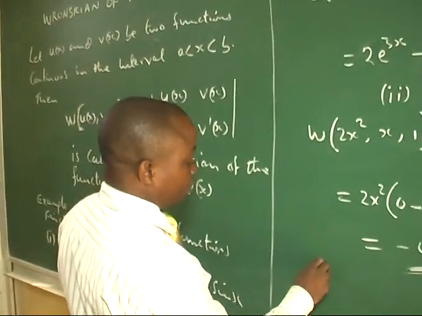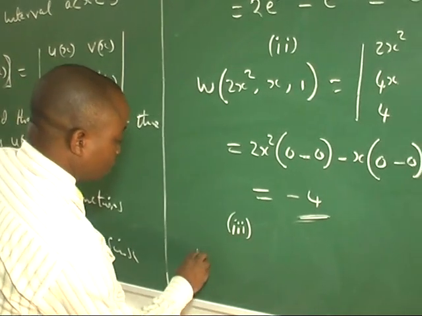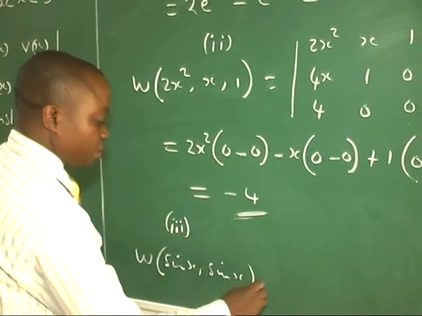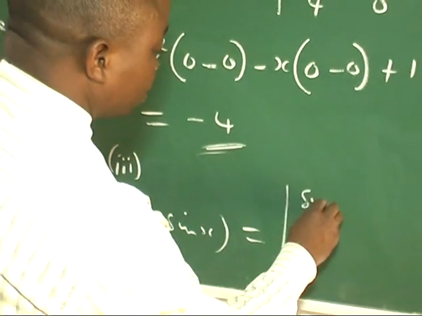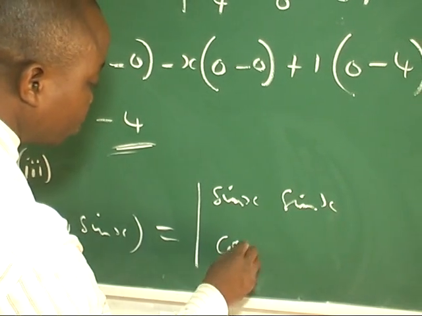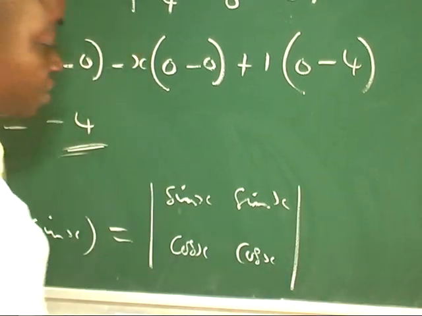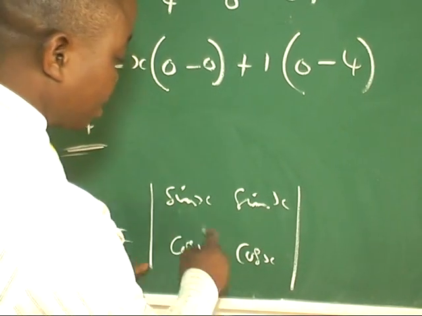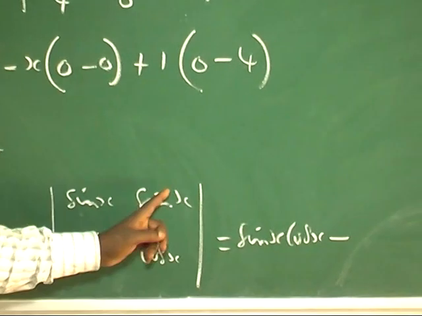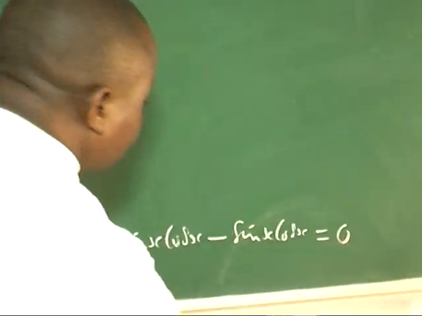Now let's go for the third. The Wronskian of sine x and sine x gives us sine x, sine x, and the derivatives, cos x and cos x. Now the determinant is sine x cos x minus sine x cos x, which gives us 0.